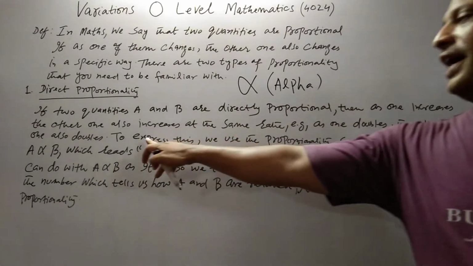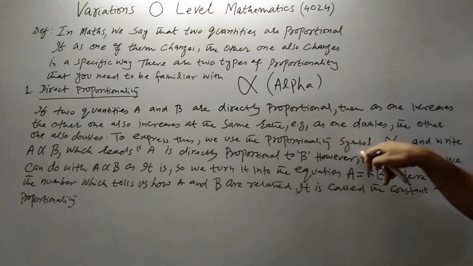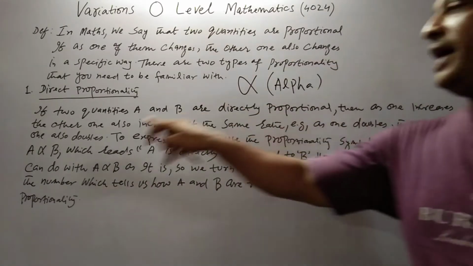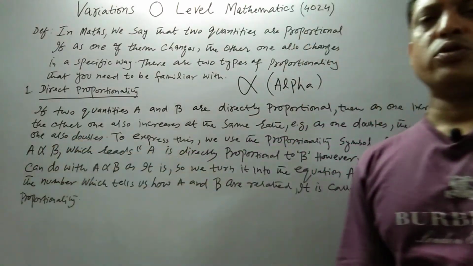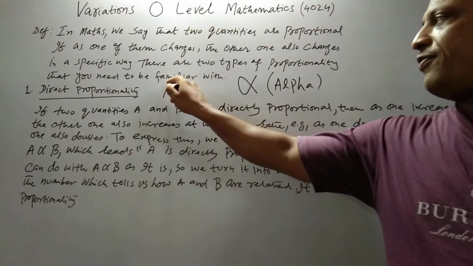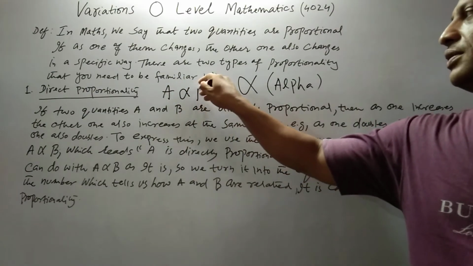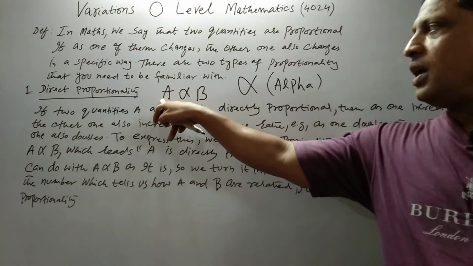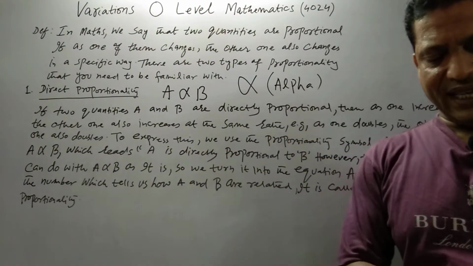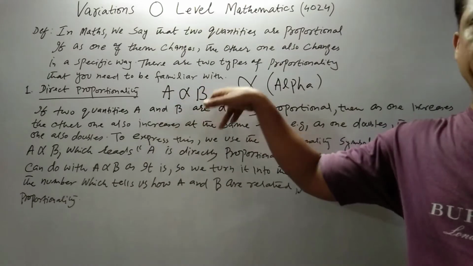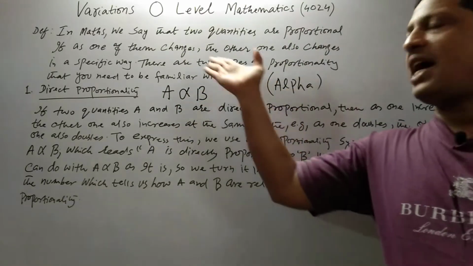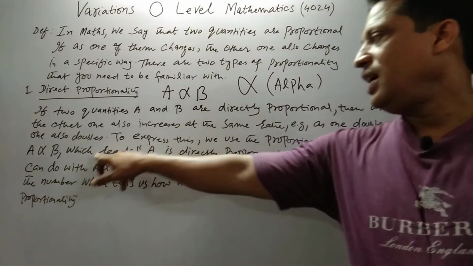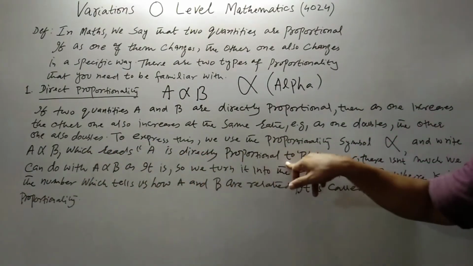So to express this, we use the proportionality symbol alpha, and write A directly proportional to B. If you see corresponding A and B, you have to say that A is directly proportional to B, or you can say B is directly proportional to A. Which reads A is directly proportional to B.